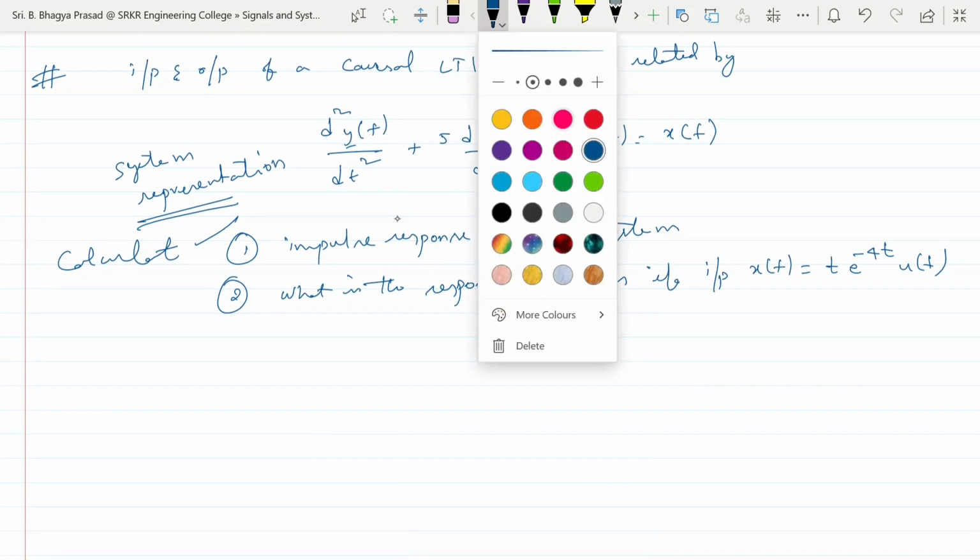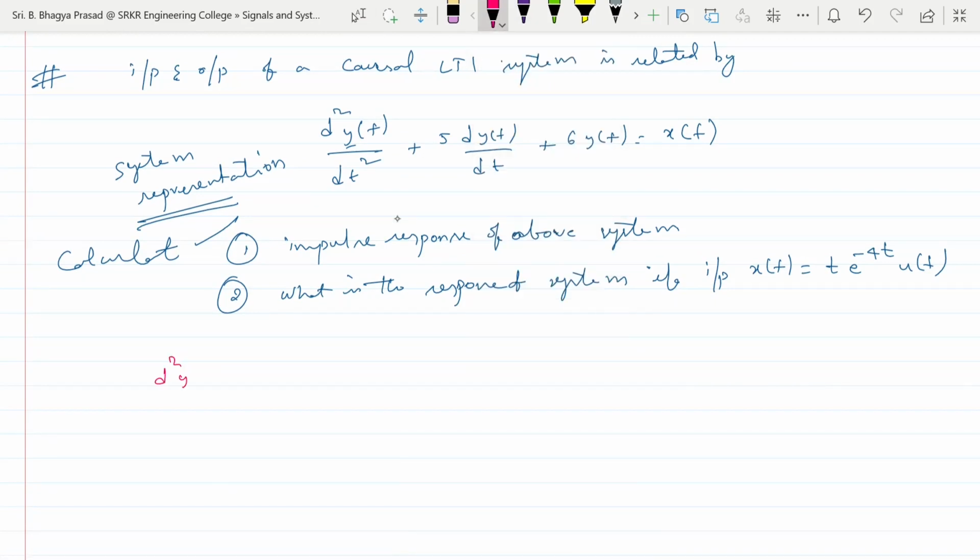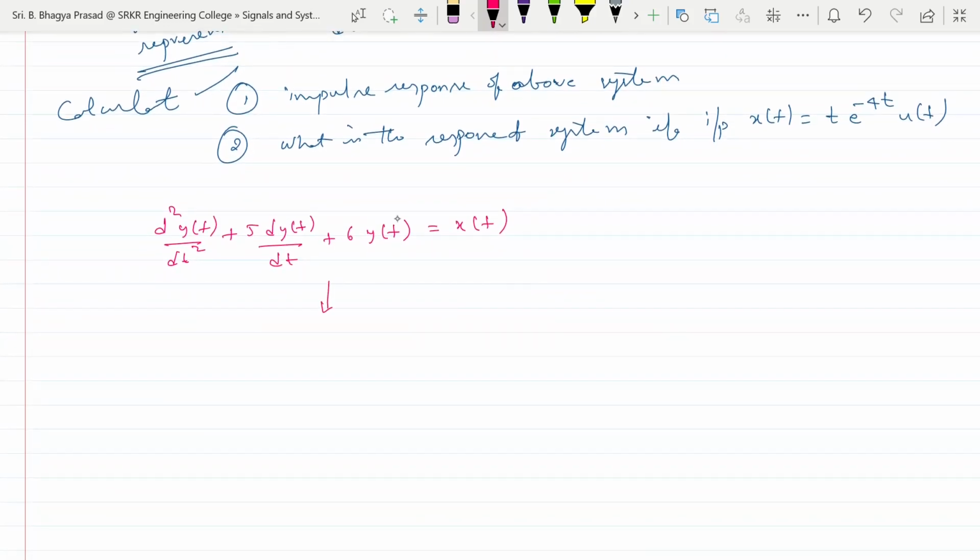For d square y of t by dt square plus 5 dy of t by dt plus 6 y of t equal to x of t, now apply the Fourier transform using the time differentiation property. d square means (j omega) whole square Y of omega, plus 5 times first order derivative, which is j omega Y of omega, plus 6 Y of omega equal to X of omega.